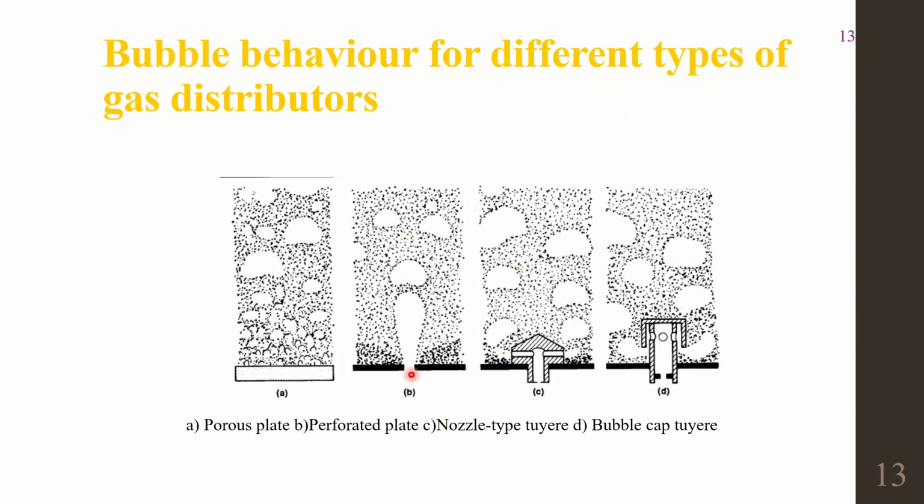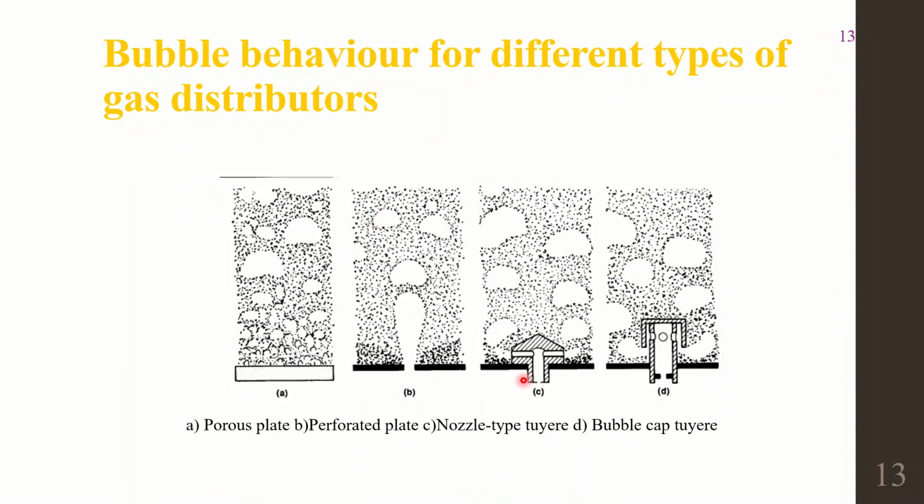So depending on the opening and the gas velocity, the bubble height would be influenced. Once these bubbles are forming, after a certain length, the bubble gets dispersed from this opening and moves on its own. This is what happens when we are dealing with perforated plate distributors.